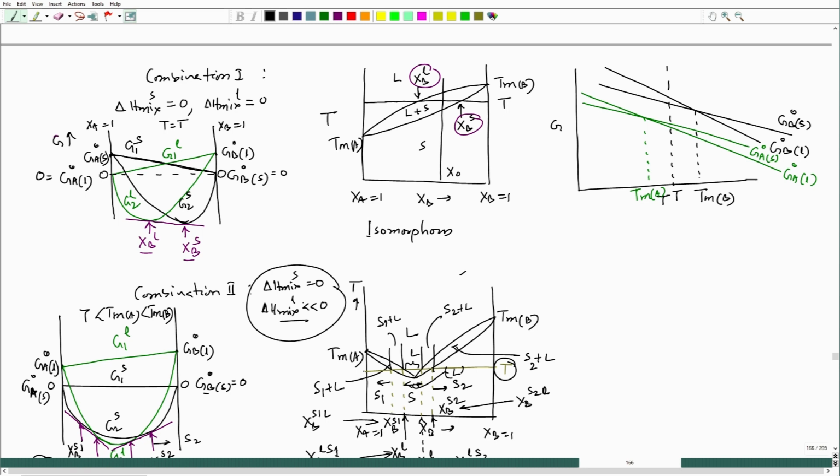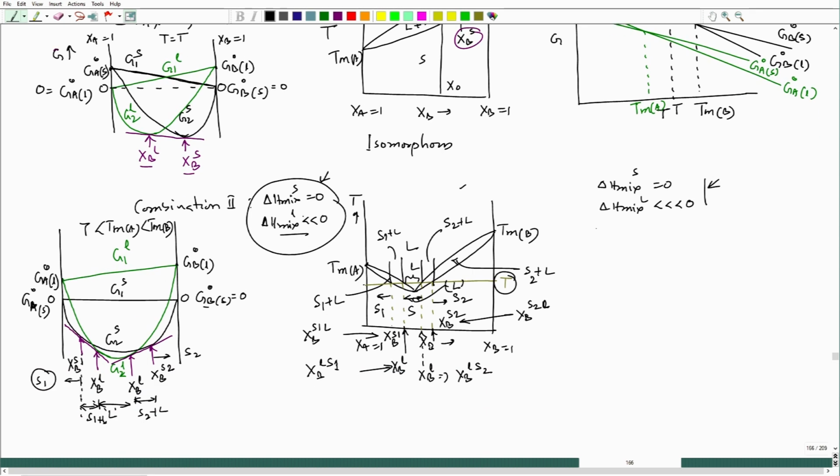So, now if we have a situation that delta H mix S is 0 and delta H mix L is less than 0, and we compare these two cases, I see the liquid stability in the second one would be far more than the first one. So, the phase diagram would also have a corresponding change.